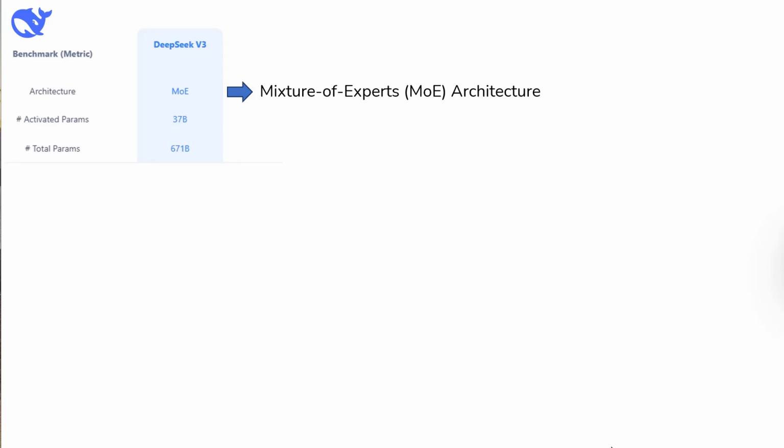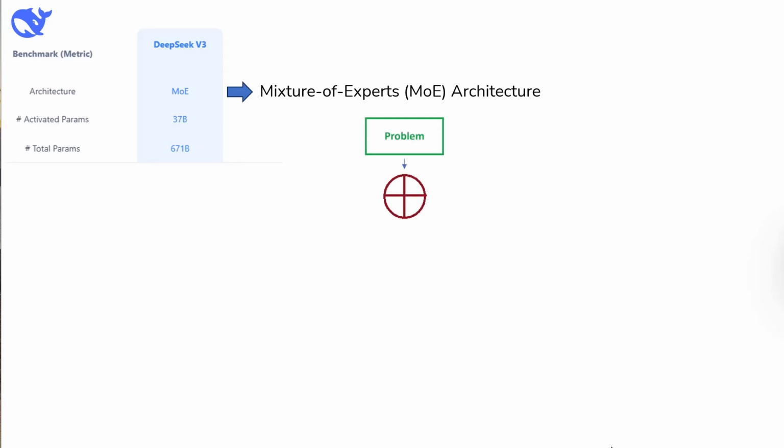The mixture of experts, or MOE, is a technique that addresses this challenge by breaking down large models into smaller specialized networks. It's similar to having a doctor for medical issues, a mechanic for car problems, and a chef for cooking. Each expert handles what they do best, and by collaborating, these specialists can solve a broader range of problems more effectively than a single generalist.